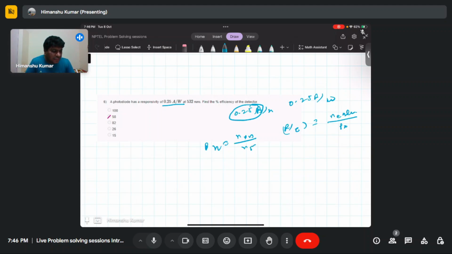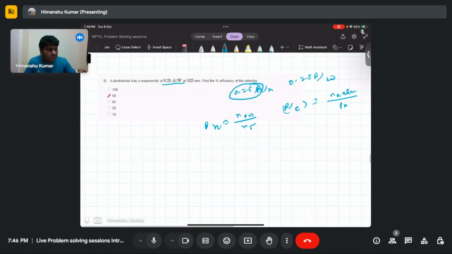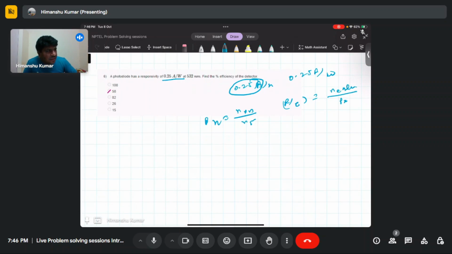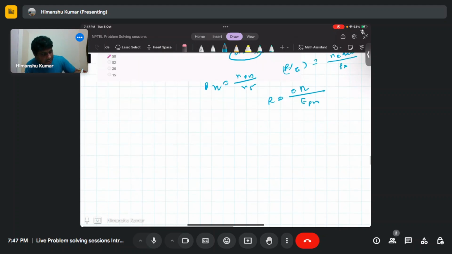So if you put this into the equation, you will see the responsivity is related to E times efficiency times the energy of photons. So you can calculate the efficiency as the responsivity times the energy of photons divided by the electronic charge.